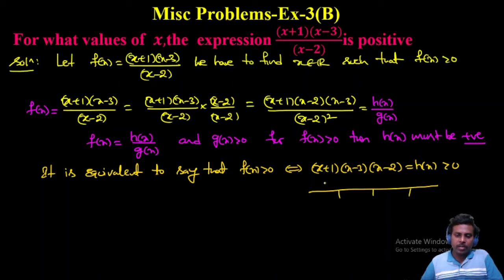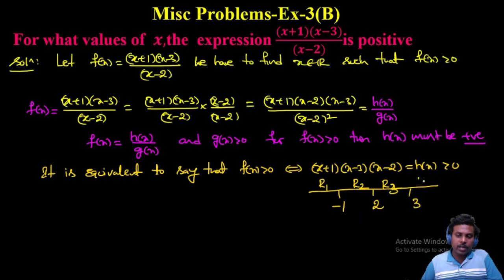So x plus 1 equal to 0 gives minus 1, and here it is 2, and here it is 3. On the real number line, this is the order. Now this entire real number line is divided into 4 regions.